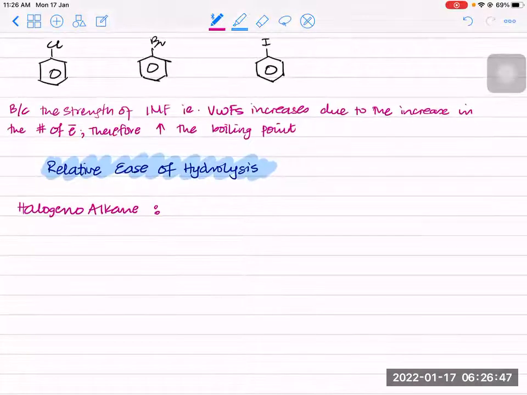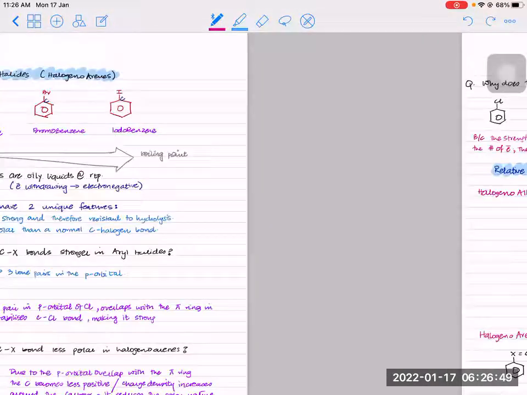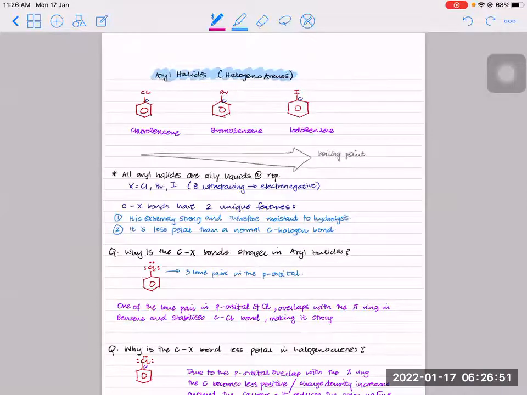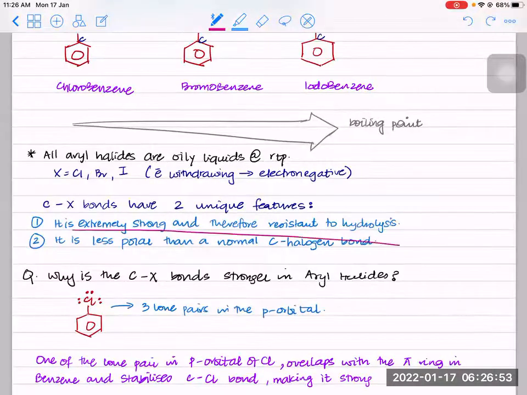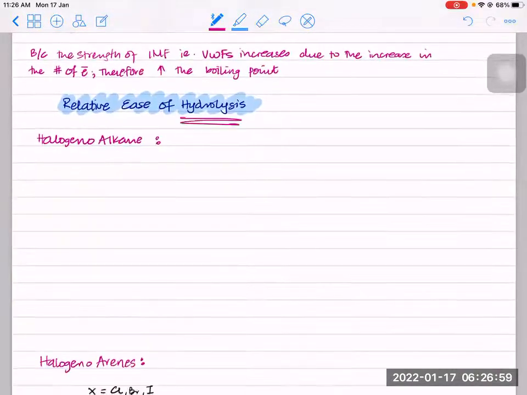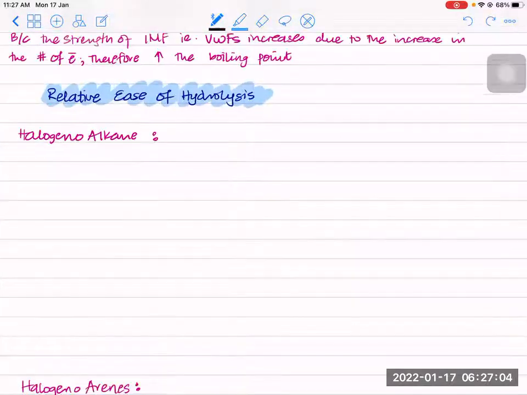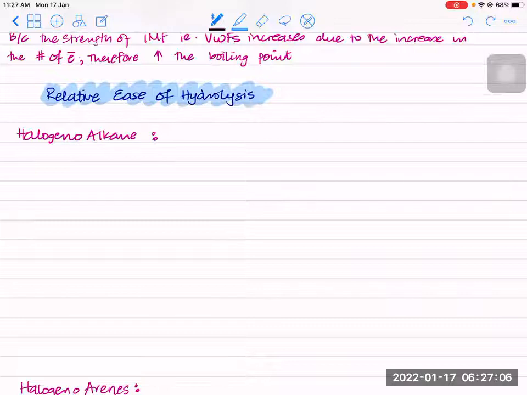Now let's see the relative ease of hydrolysis. I told you that the C-X bond is extremely strong and resistant to hydrolysis. We've done hydrolysis in AS when we did halogenoalkanes and we saw nucleophilic substitution with aqueous NaOH. So let's see the nucleophilic substitution of halogenoalkanes.